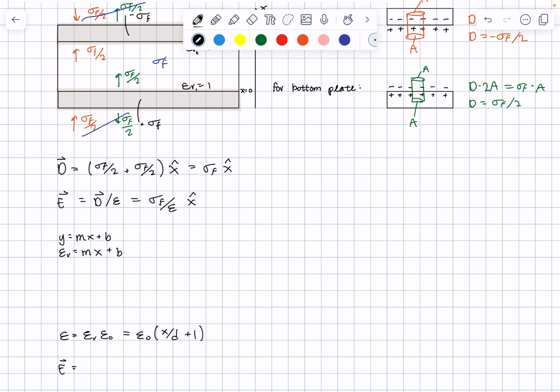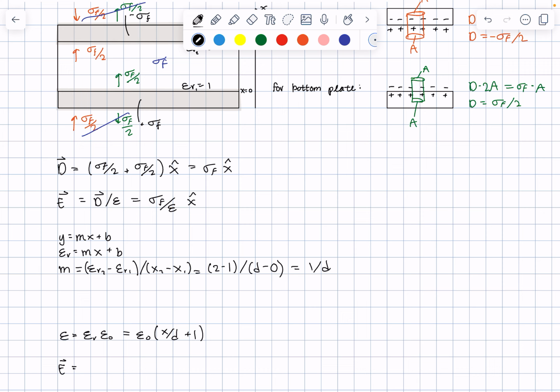And to solve for our slope, we'll say our slope is going to be equal to epsilon R2 minus epsilon R1 divided by x2 minus x1, and that will give us 2 minus 1 over d minus 0, or 1 over d. And that is our slope.